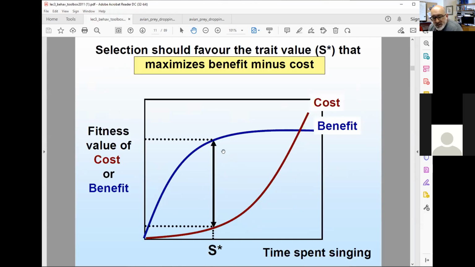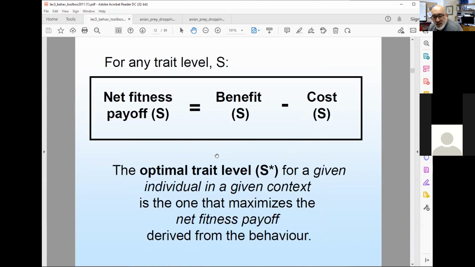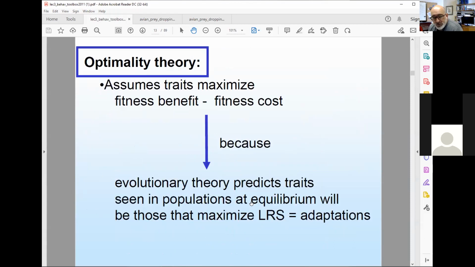So the net fitness is the benefit minus the cost at any given position along this x-axis. And when you're able to maximize that difference between cost and benefit, so that you have maximum benefit, then we can consider that the optimal trait value.